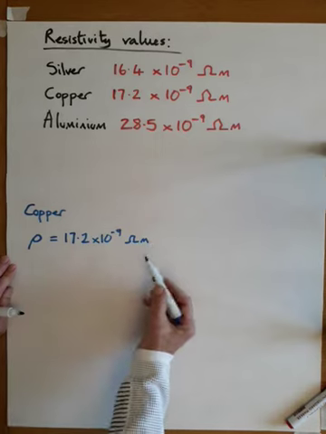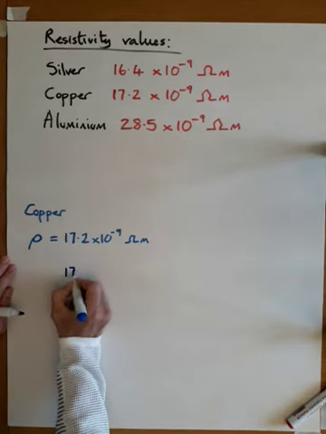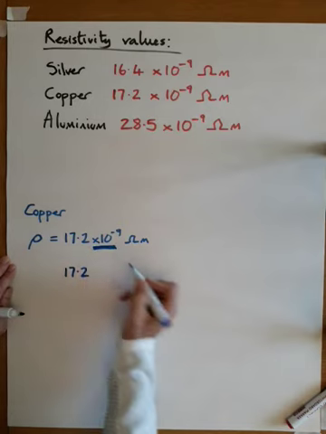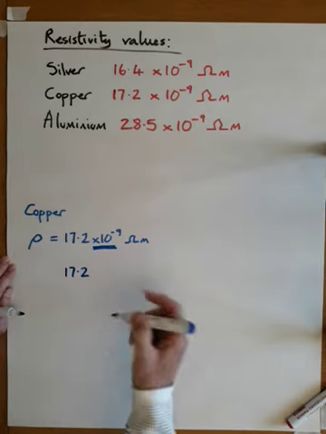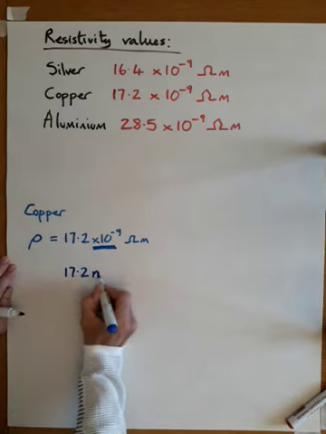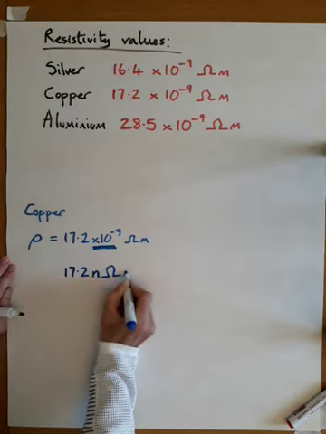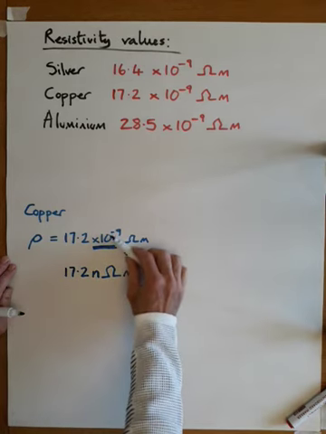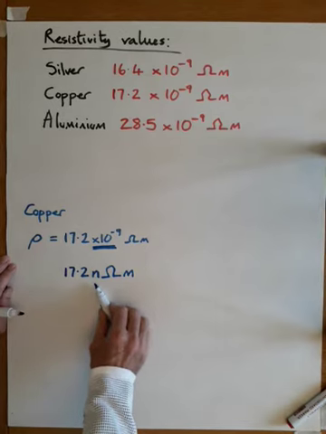I could rewrite that 17.2 times 10 to the minus 9, when we use the standard form and our multiples, is nano. So I could write nano ohm meters. These numbers are the same. Instead of writing 10 to the minus 9, I've used n.